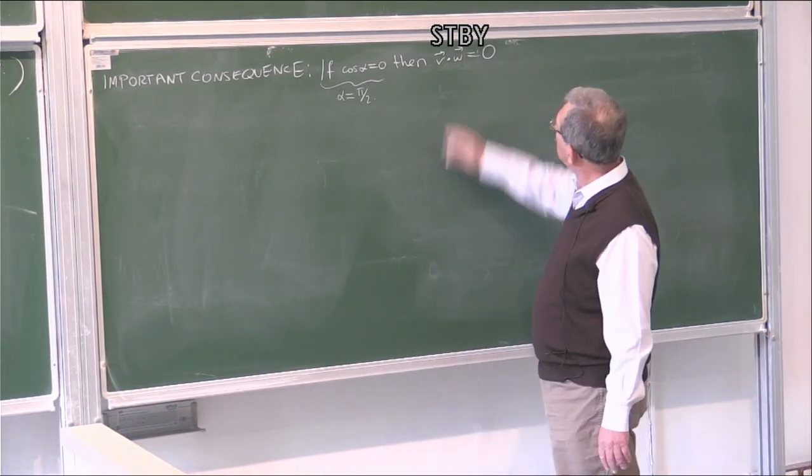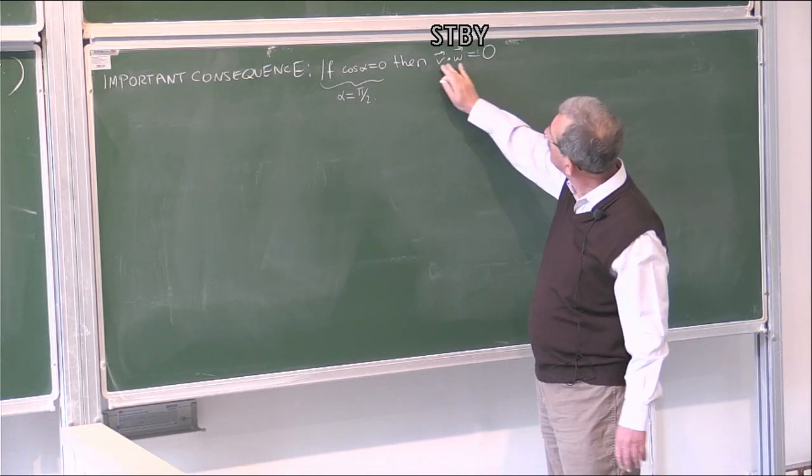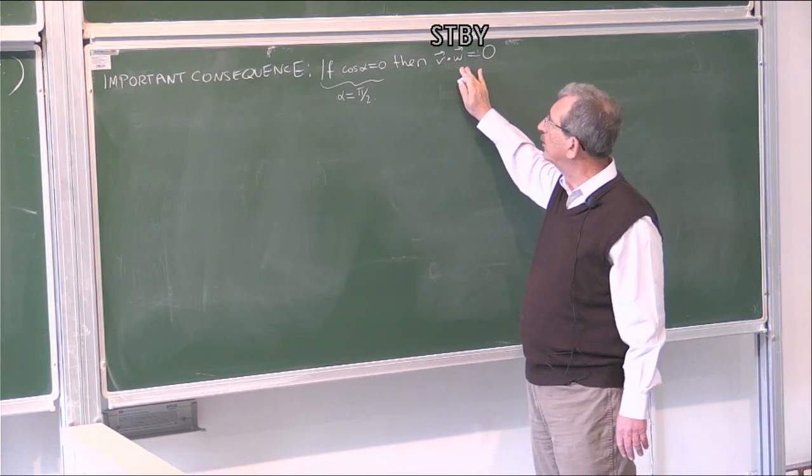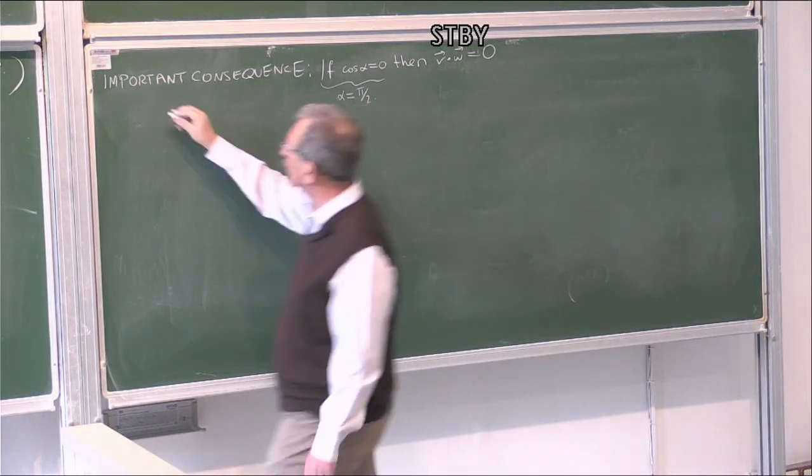If the dot product is 0 but the vectors are not 0, you have the converse also true.